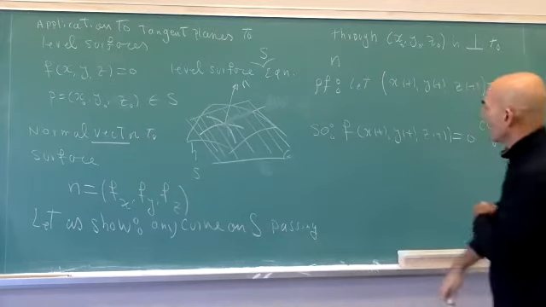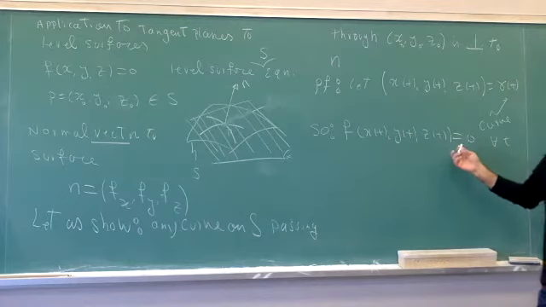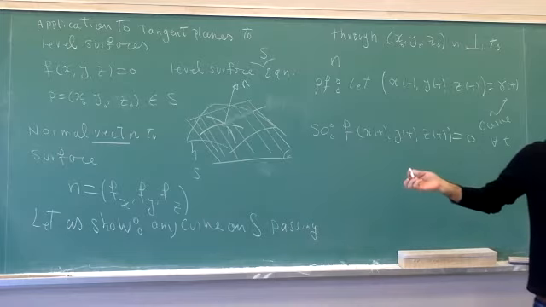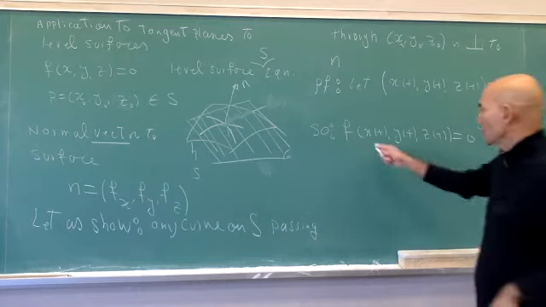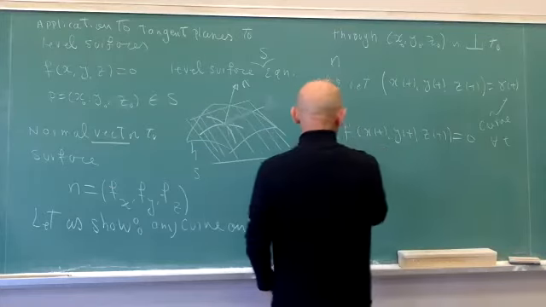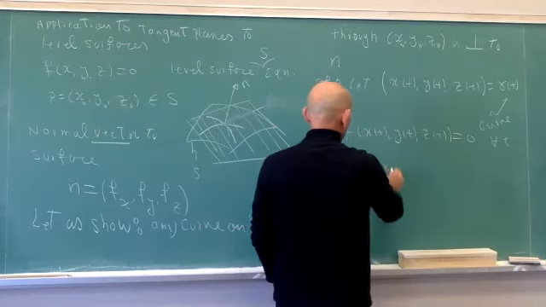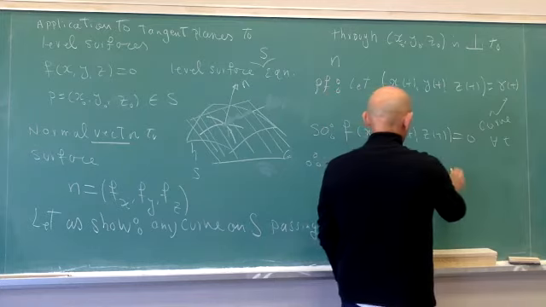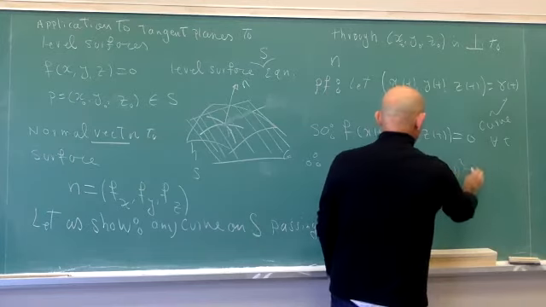Okay? Good. Now, this is a function of t, but on the other hand, it is completely equal to 0. So I can just take the derivative of this, and the derivative will also be 0, because if you have a zero function and you take the derivative with respect to t, it's also 0. So d/dt of f of x of t, y of t, z of t is equal to 0.